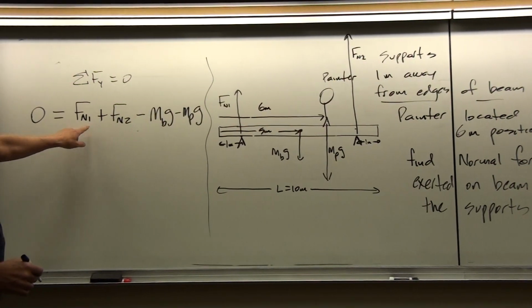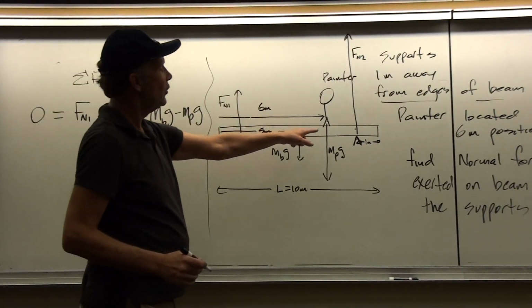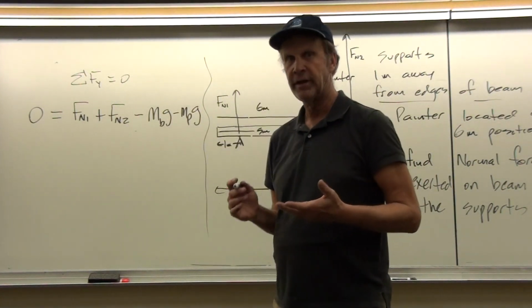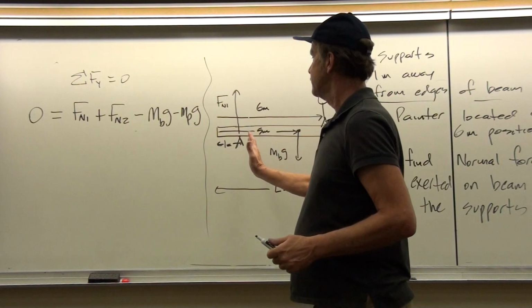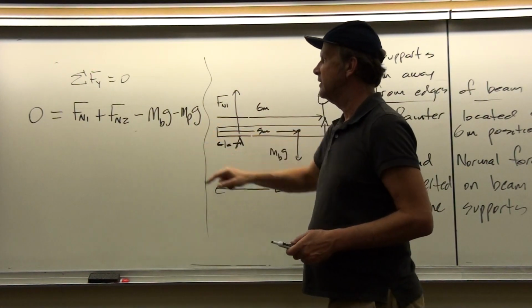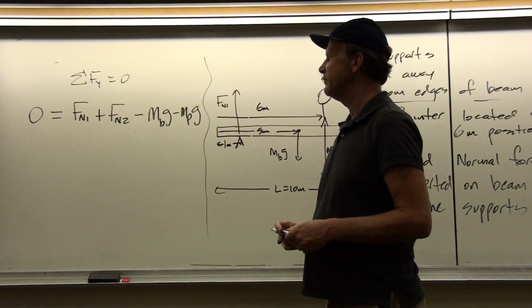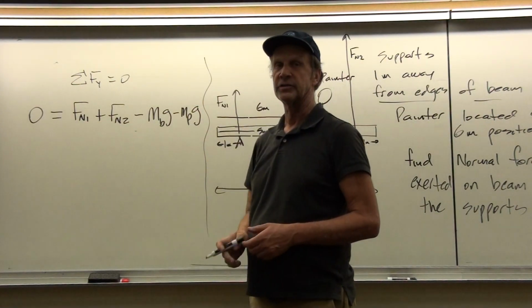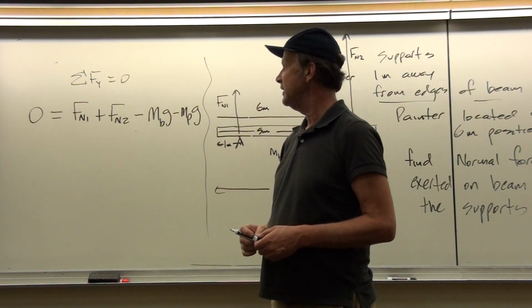That's the easy one. And you'll notice here that nowhere in the force equation do the location of the forces play any role. It's just which direction the forces are pointing that is included as relevant information in our force equation. We'll also notice here that the sum of the two normal forces can be solved for immediately.